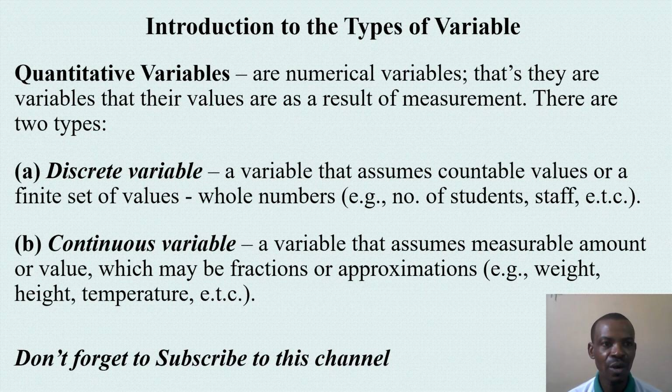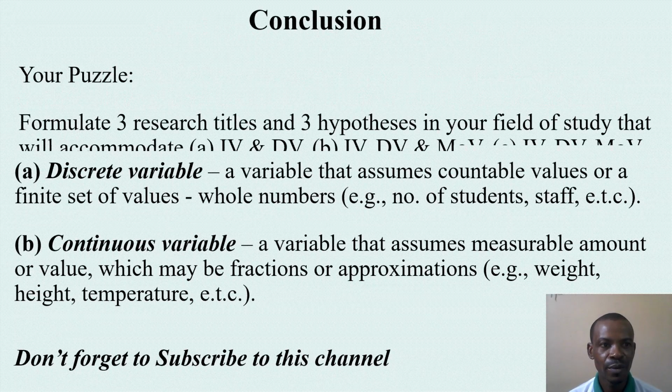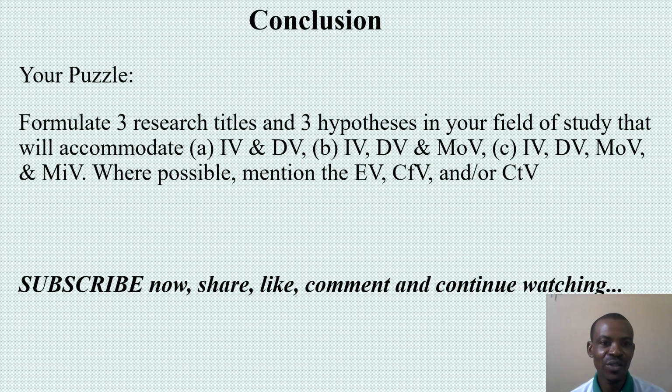All right, so far we have discussed all the types of variables that are necessary for us to understand research better. So there is a puzzle for you. I would like to conclude this lesson by presenting a puzzle. The puzzle is simply that you formulate 3 titles in your field of study, your area of specialization, and identify all the variables stated here.